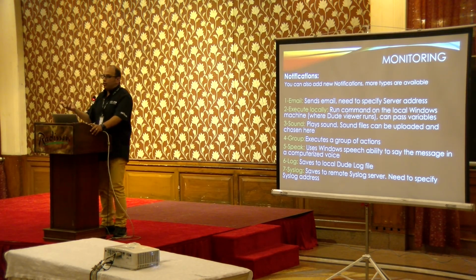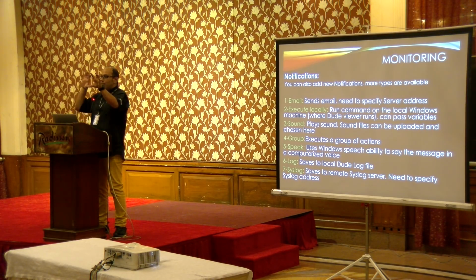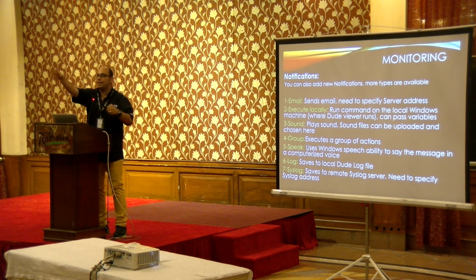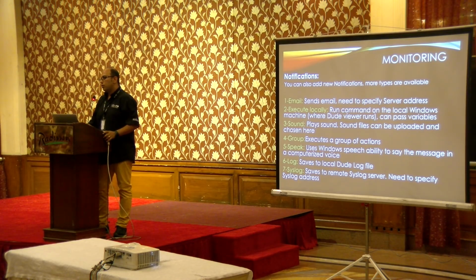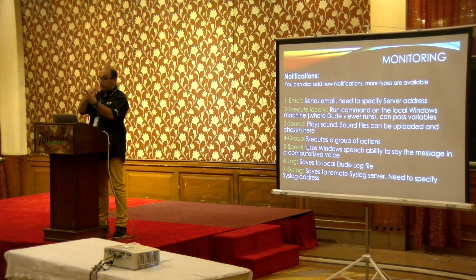So there should be an API between Dude server and GSM box, because these 2 devices should talk together. Your GSM box should receive information from Dude and send the notification to you. So 3 things we need here: Dude server, GSM box, and the API between these 2.